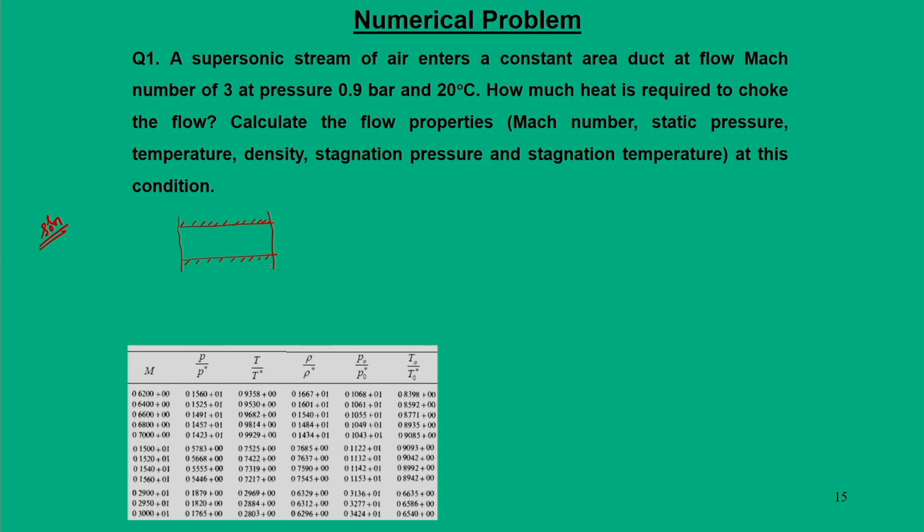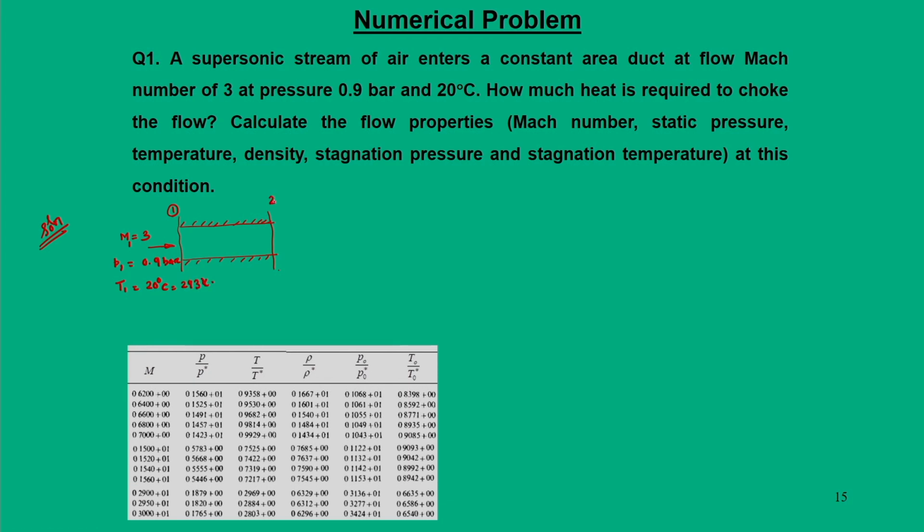So we draw these situations, where the flow is entering from region 1, and here the conditions that are given are M1 is equal to 3, P1 is equal to 0.9 bar, T1 is equal to 20 degree centigrade or 293 Kelvin.